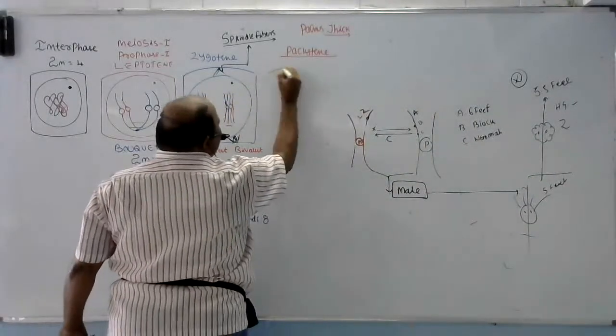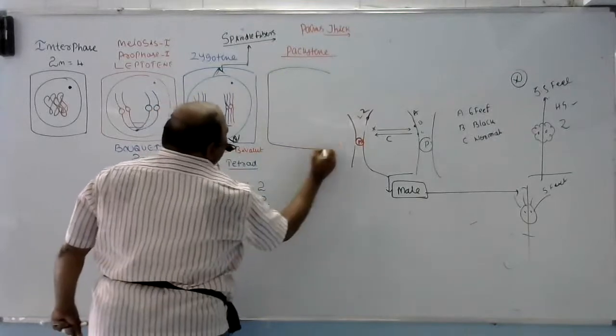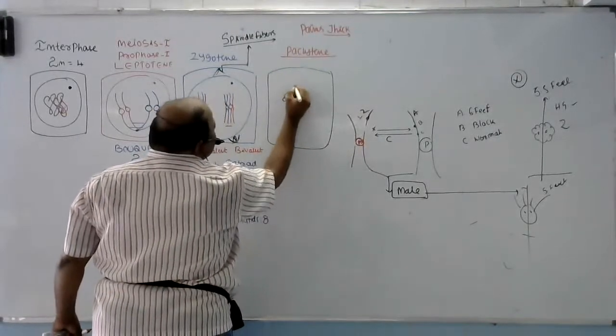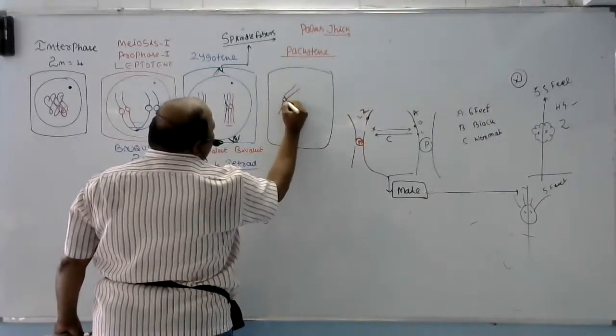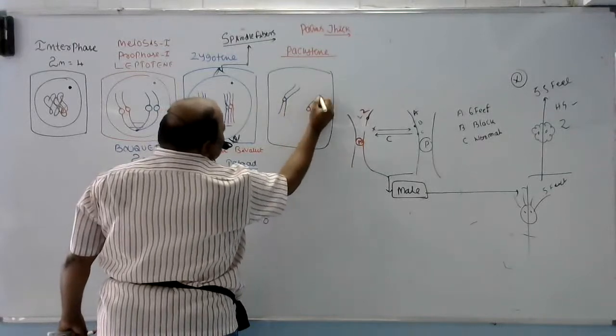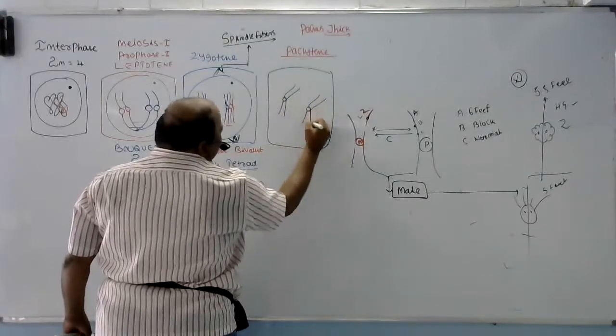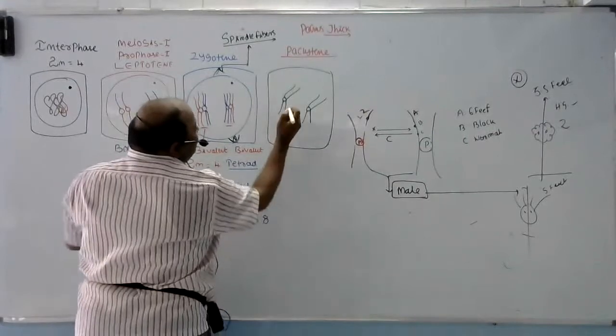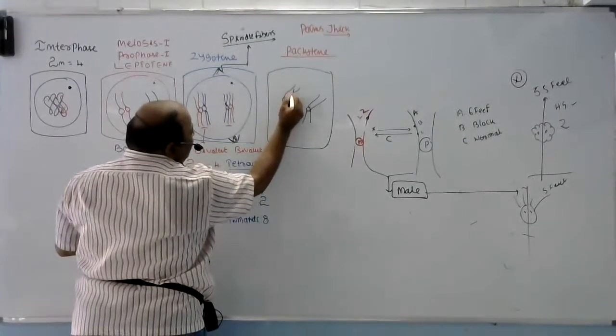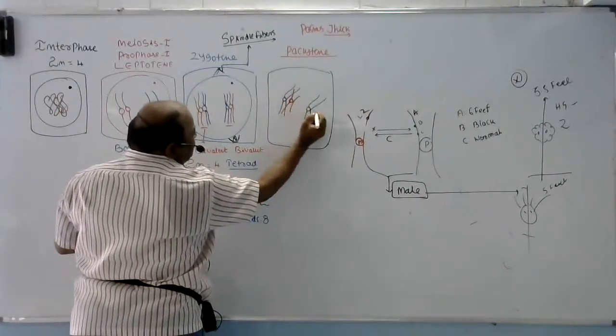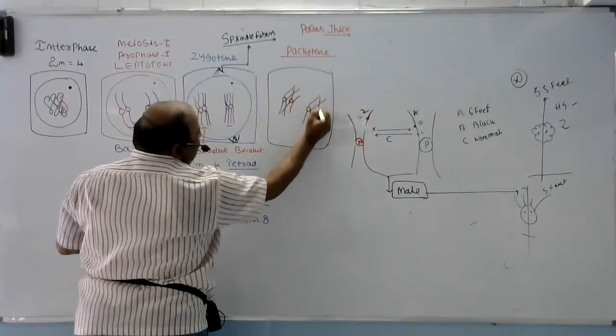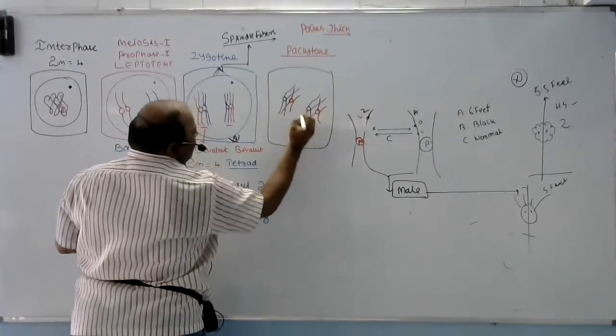In the pachytene stage, according to this diagram, 2n is equal to 4. There is exchange of chromosomal material between these non-sister chromatids.